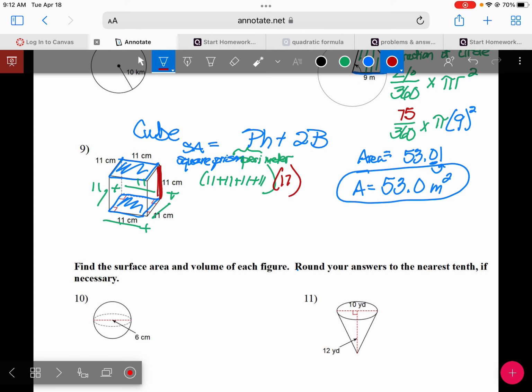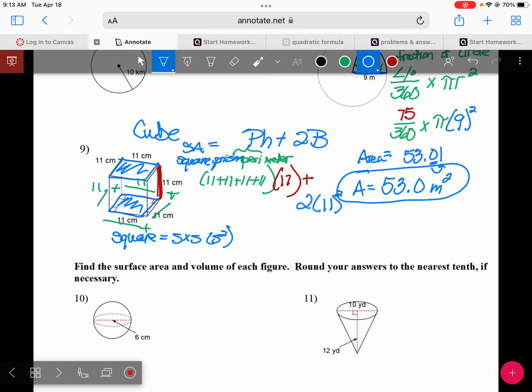Okay. Plus, I have two bases that I have squiggled in blue. That base is in the shape of a square. A square is side times side, or side squared. So that is 2 times 11 squared, or 11 times 11.